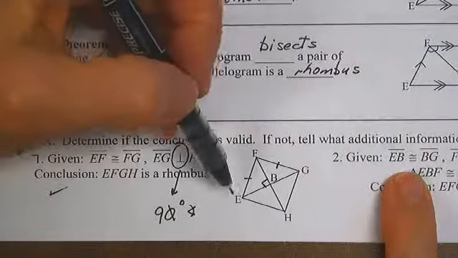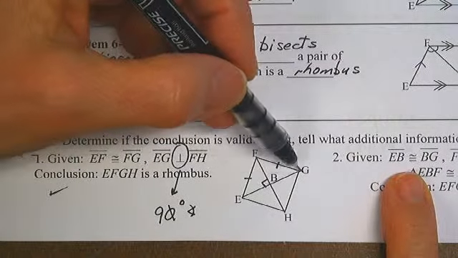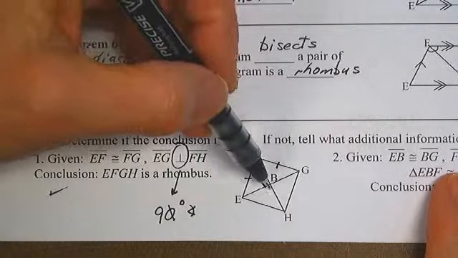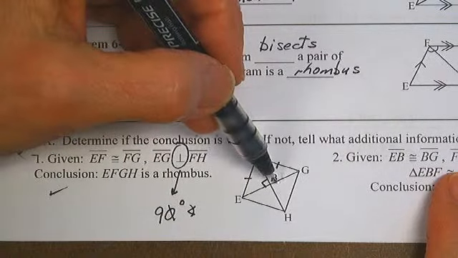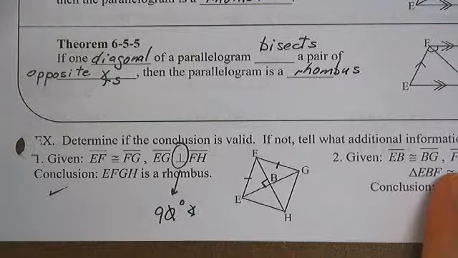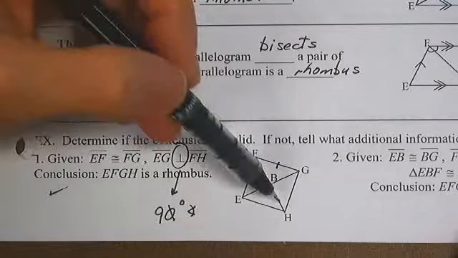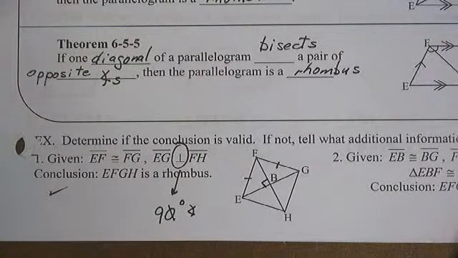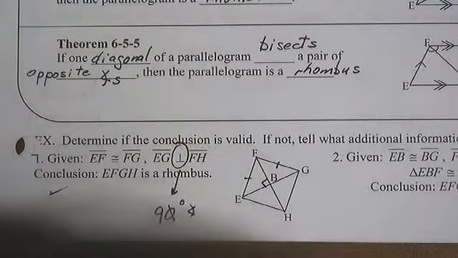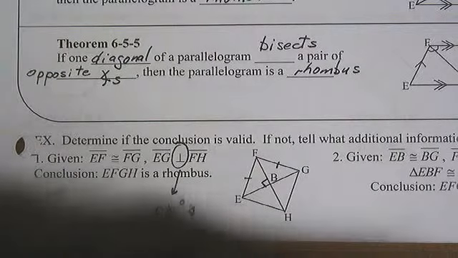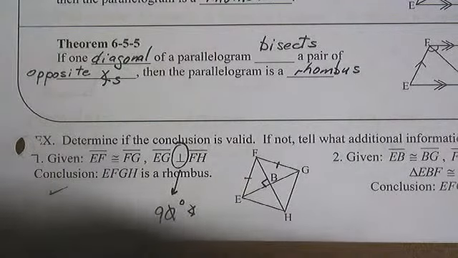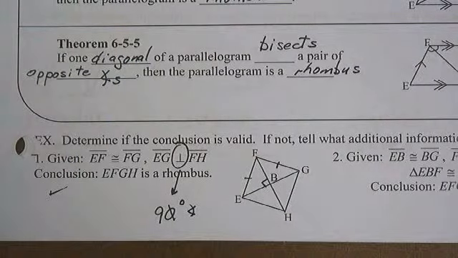Here, given EB congruent to BG, FB congruent to BH, so these two diagonals bisect each other, and EG is congruent to FH. So if the diagonals of a parallelogram are congruent, the parallelogram is a rectangle.